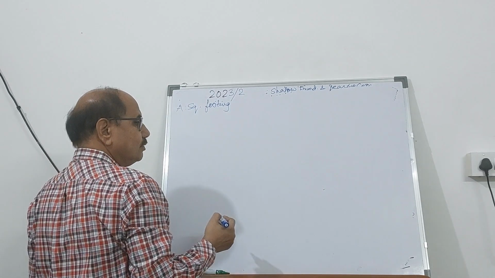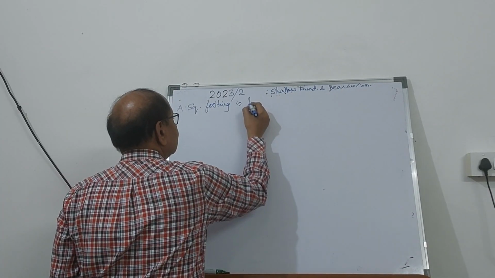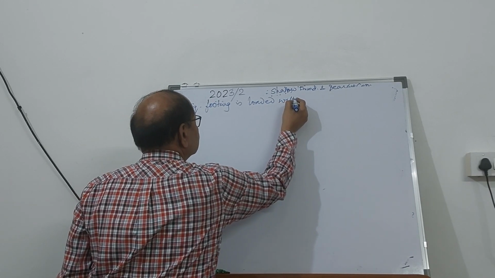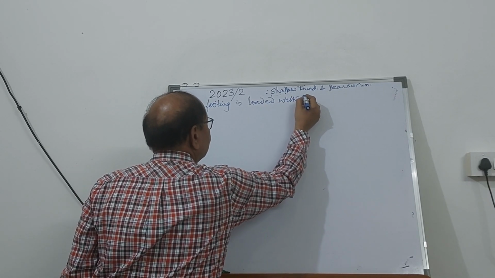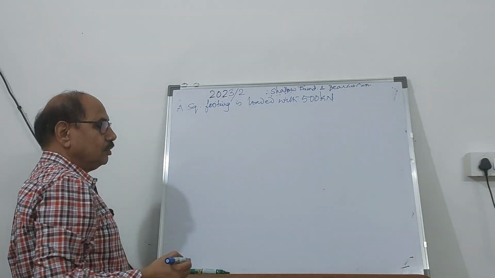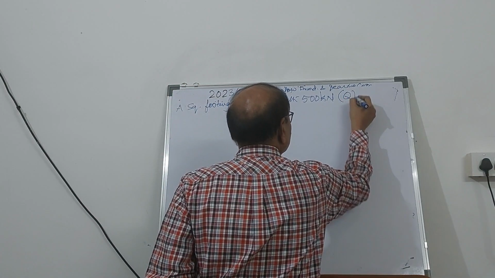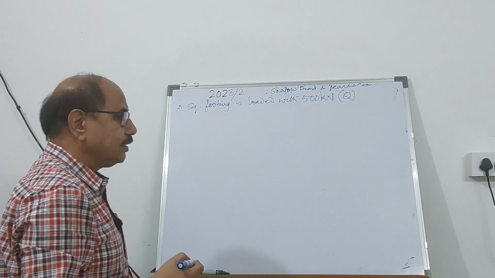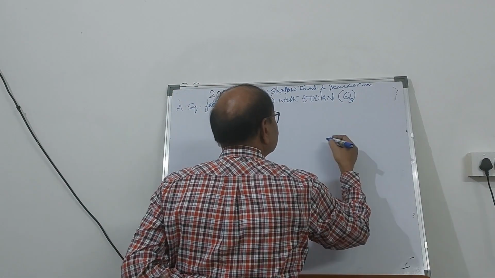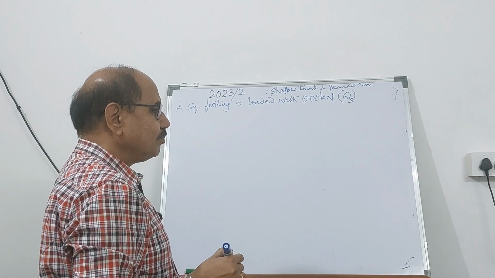A square footing is loaded with 500 kilonewton. So the value of Q, the load which you have applied, or the allowable load or the safe load, that is being applied over the footing is given in the problem.